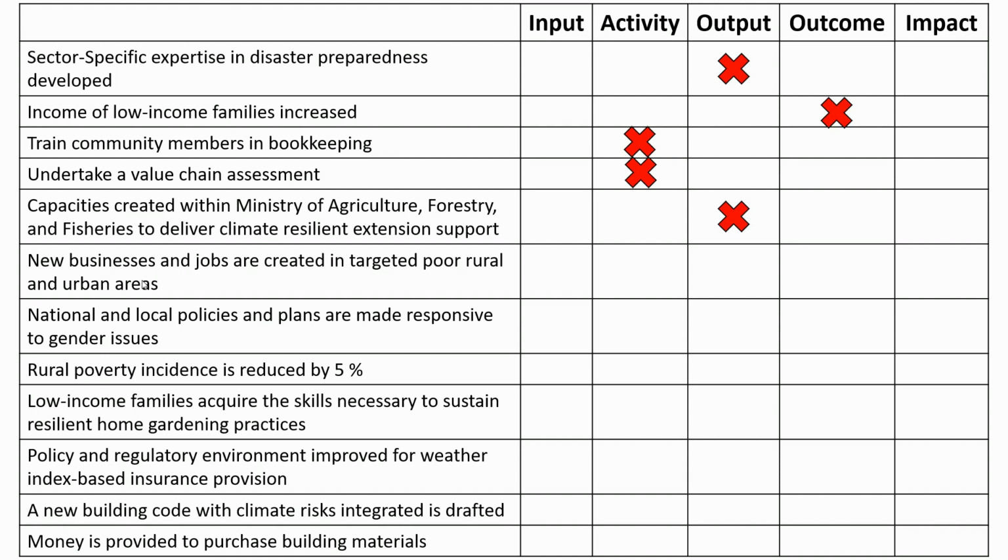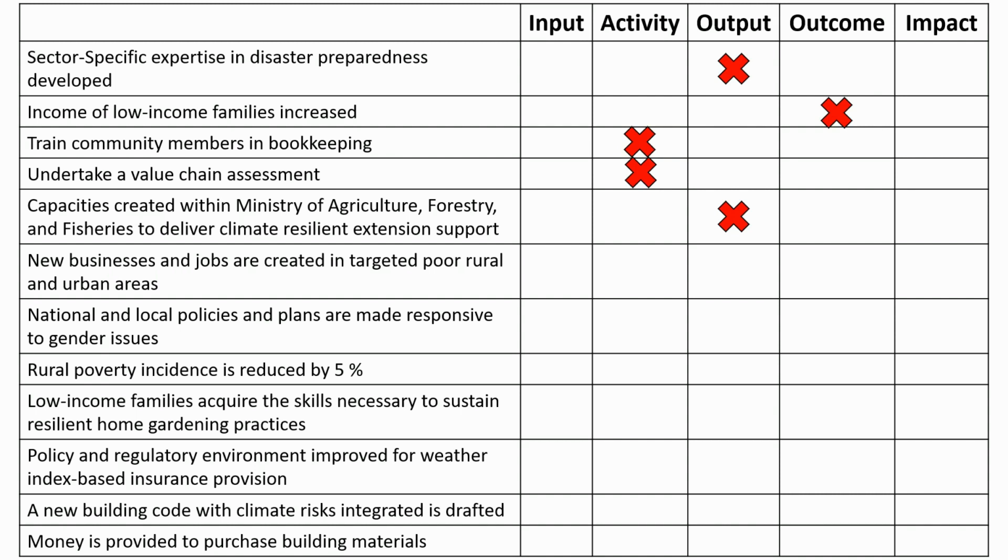New businesses and jobs are created in targeted poor, rural, and urban areas. So this is not an input, it's not an activity, because there's many activities that would go into this. Is it an output? New businesses and jobs are created. It could potentially be an output, but this seems to be bigger than an output.